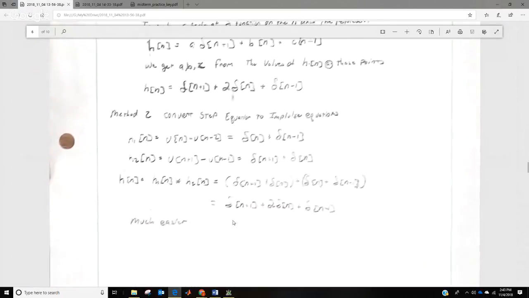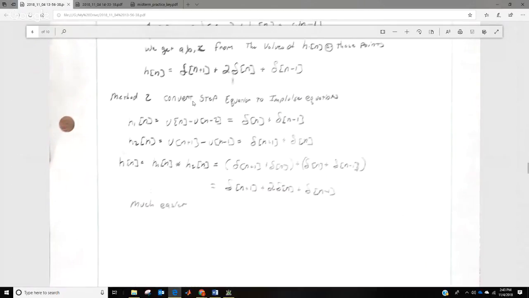The alternate and much, much easier way is that any discrete time signal can be expressed as a set of delta functions, depending on how long you want. Especially if it's a unit step function, you can convert those into delta functions and just make your life so much easier.